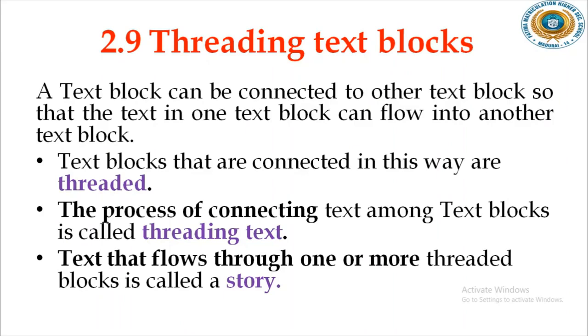We split the single text block into multiple text blocks. When one text block has a link to another text block, that is called threading of text blocks. The content of the text block may be like that. So what is the use of this threading?